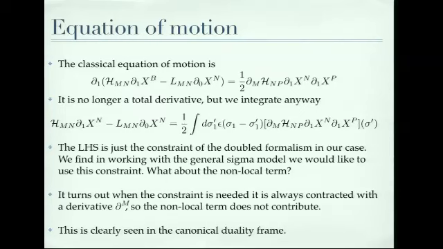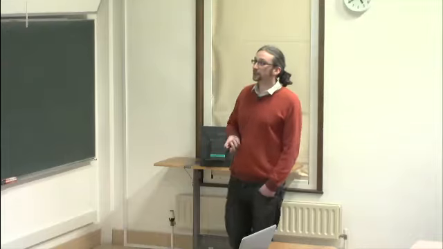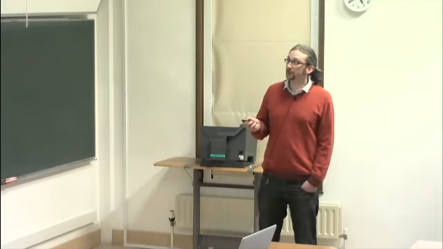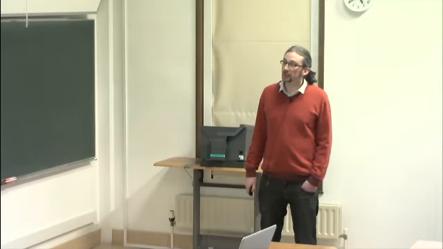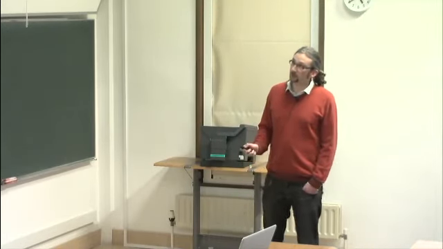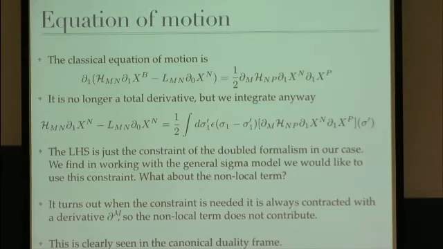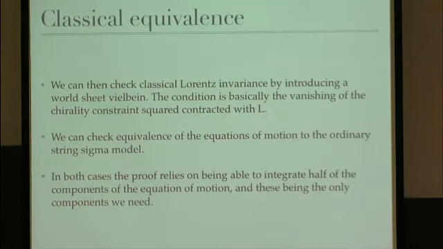And this means that we have a contraction of derivatives here, and the strong constraint means that must always vanish. So there'll be no contribution from this non-local term. And so often we can either use this argument or see it explicitly if we rotate to the canonical duality frame where nothing depends on the x tilde coordinates.